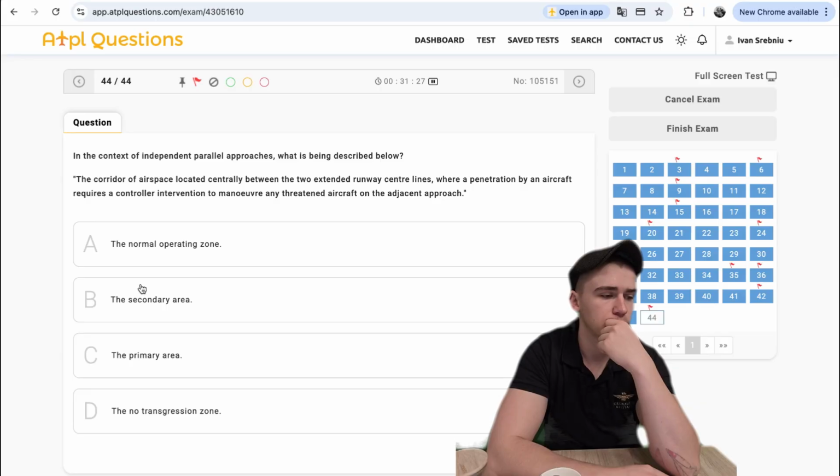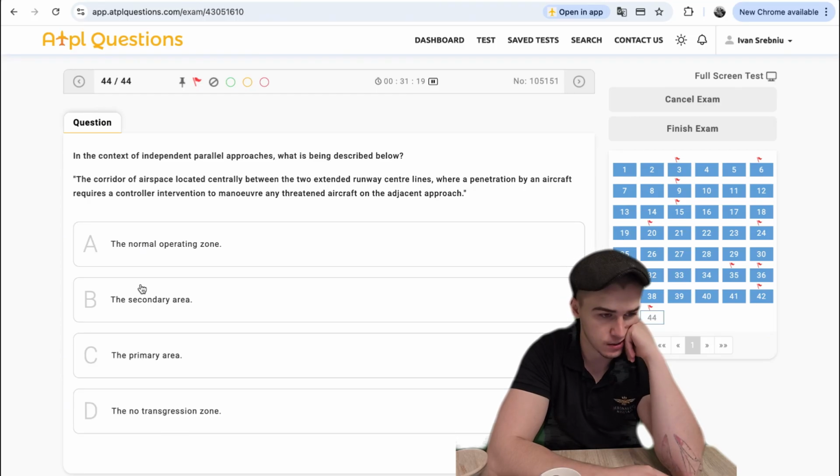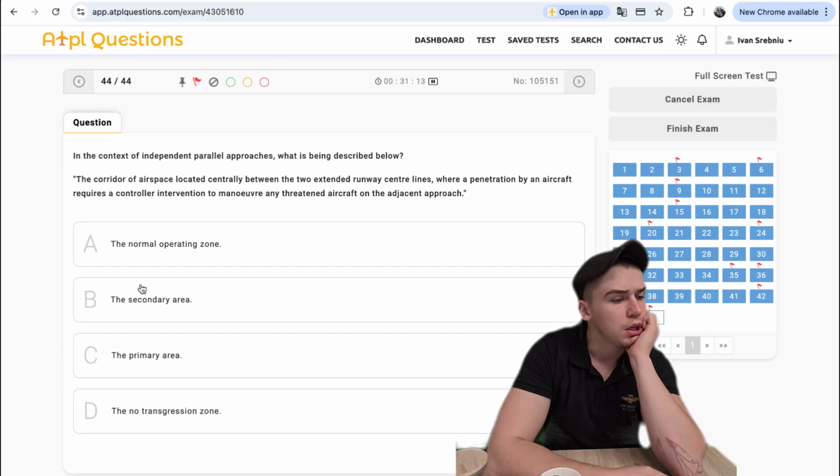In the context of independent parallel approaches, what is being described below? The corridor of airspace located centrally between the two extended runway center lines, where penetration by an aircraft requires a controller intervention to maneuver any threatened aircraft on the adjacent approach.